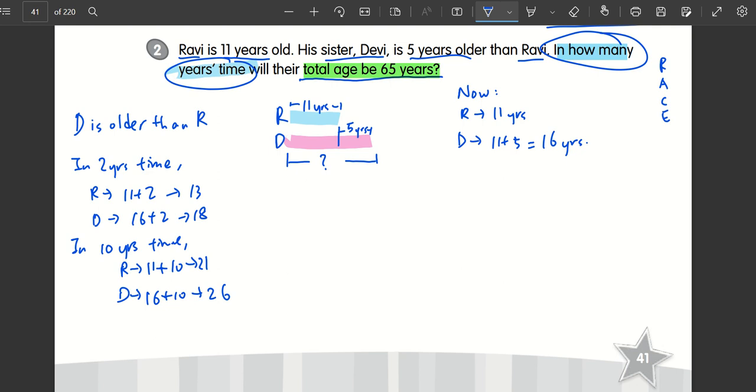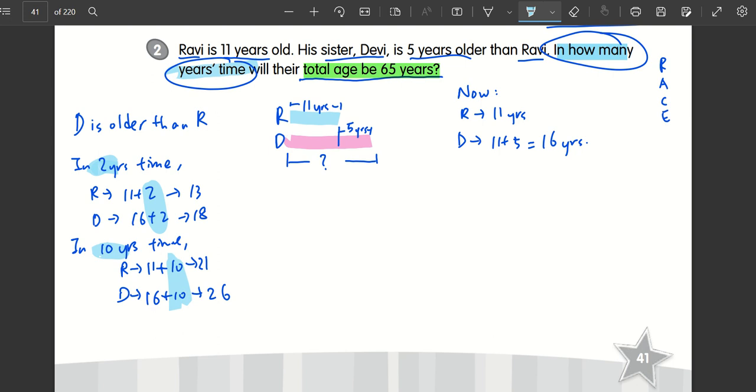But one thing you can see from here, identifying the pattern, is that no matter how many years you are stating, you add the same amount of years to both Ravi and Devi.